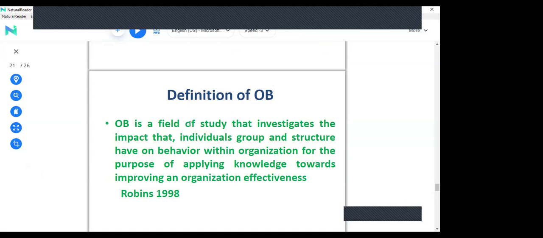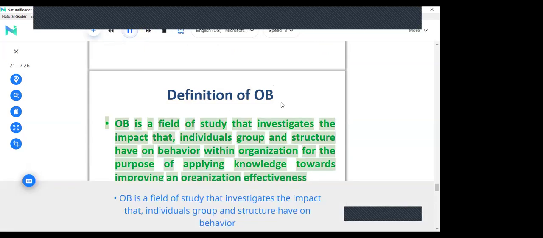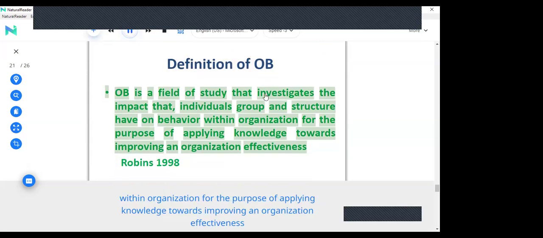Again, I give you a chance to listen, my dear student. OB is a field of study that investigates the impact that individuals, group and structure have on behavior within organization for the purpose of applying knowledge towards improving an organization effectiveness.